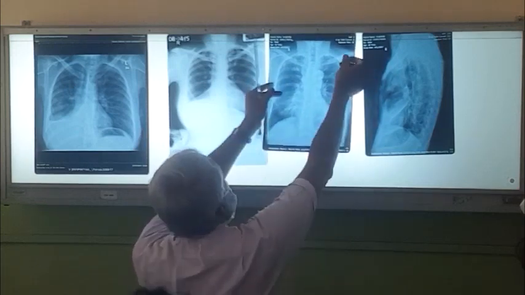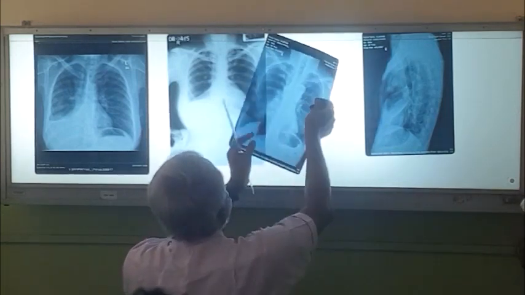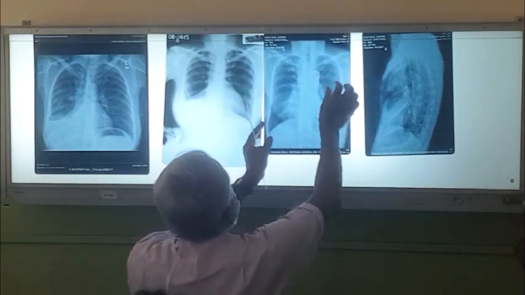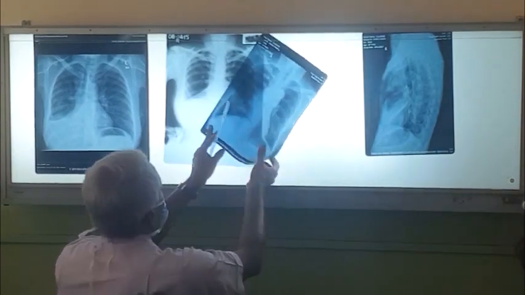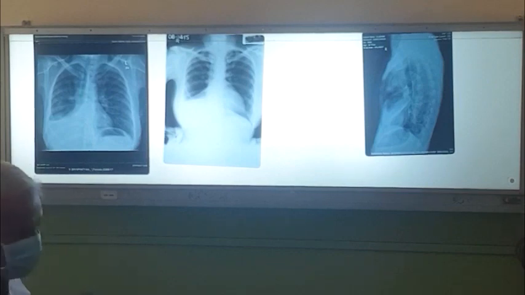So if you see haziness on the left side, think of left upper lobe, right?